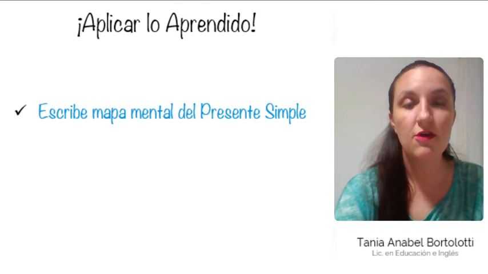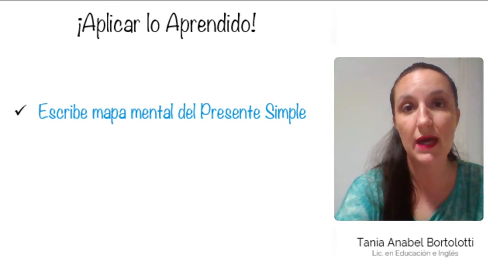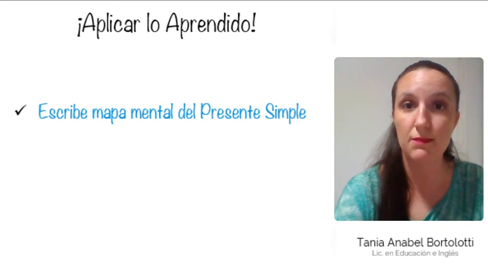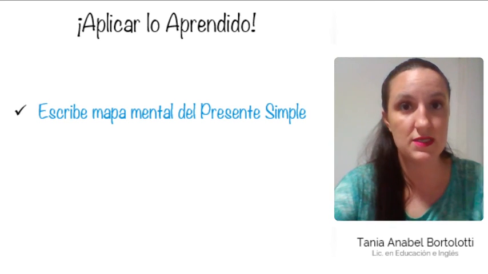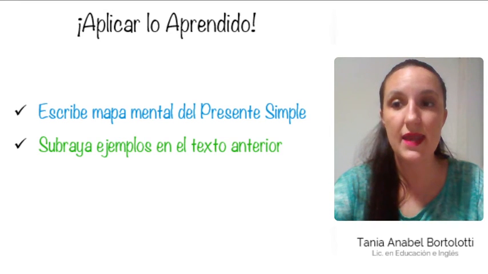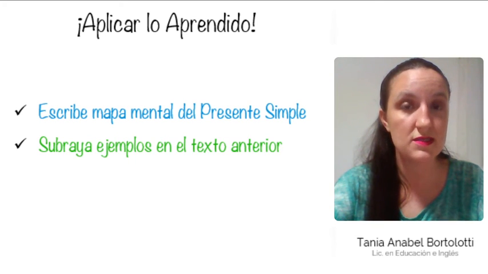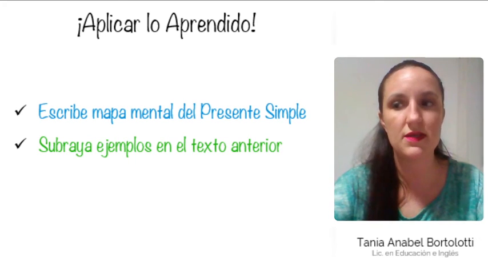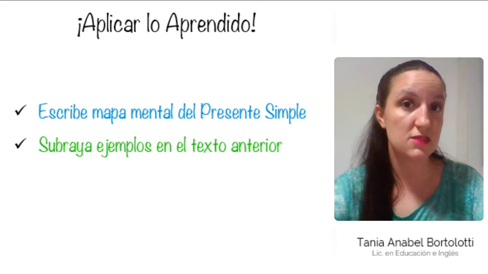Pay attention. First of all, you're going to build a mind map depicting the most important issues about the present simple. What do you consider important? Next, underline examples of present simple tense, verbs, auxiliaries, time markers from the text that we read the class before.